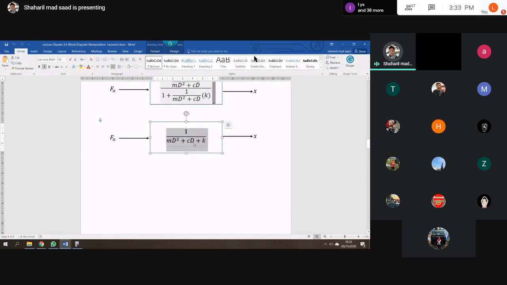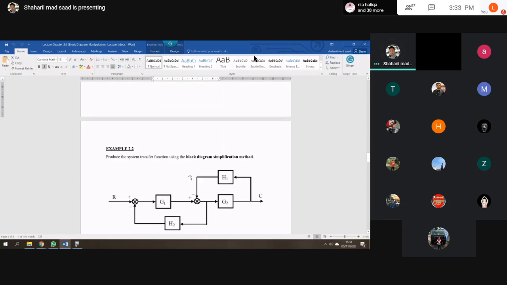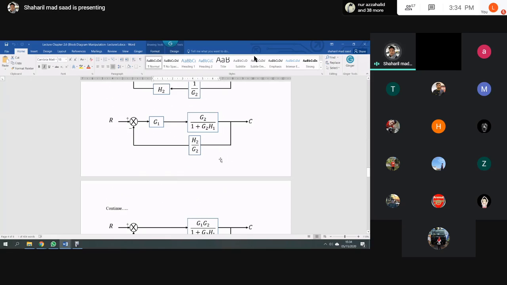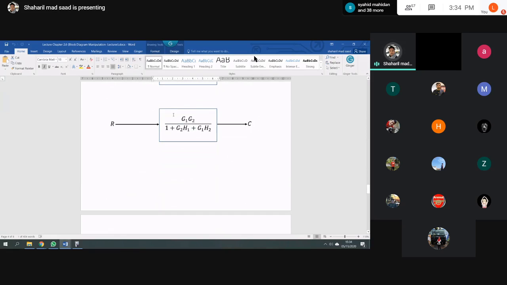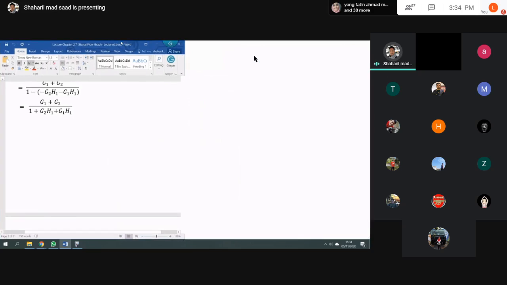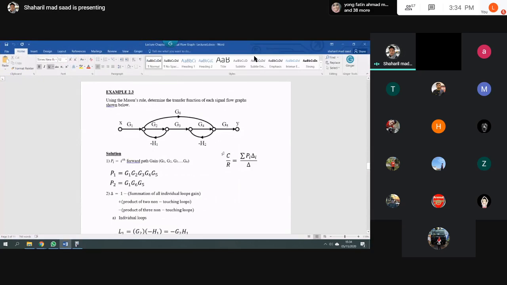Awak akan dapat equation sama, right? So that's it for example 2.2.